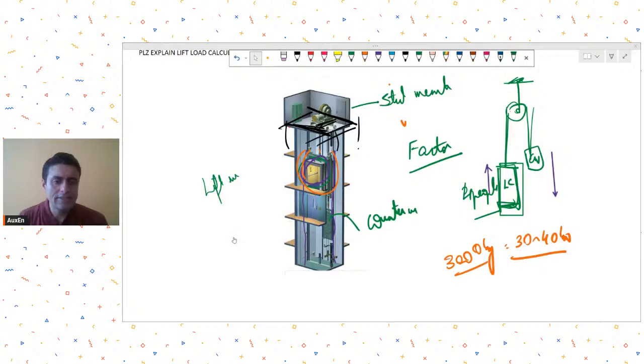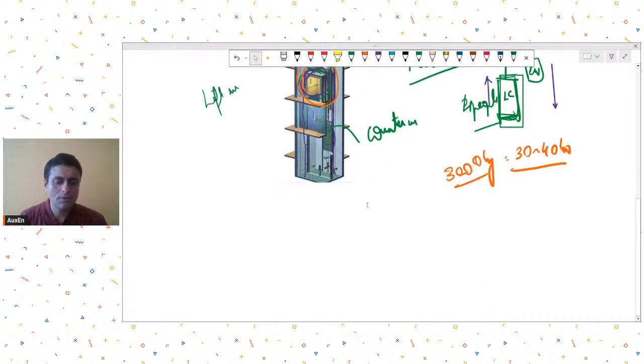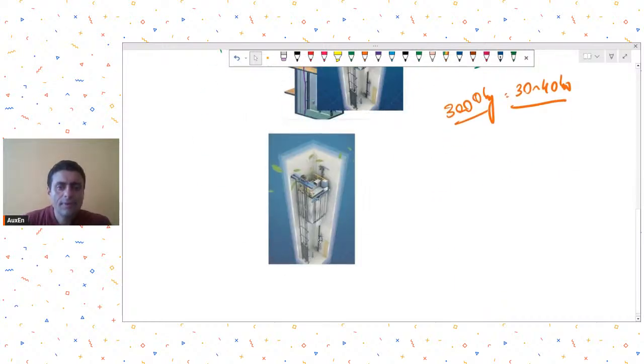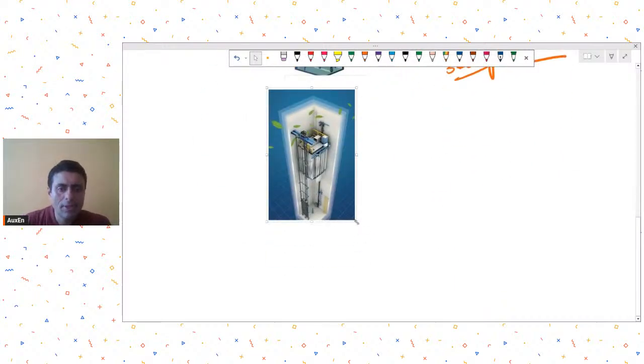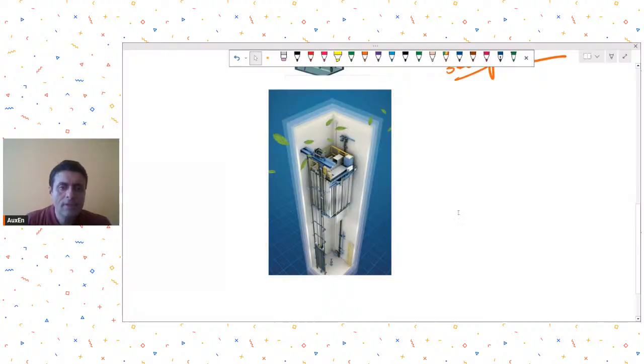So these days you do get these machine room less lifts also. Let me just show you. Again, this is an image taken from the internet. Are you able to see this? So in this machine room less lift, what is happening? There is no separate machine room.